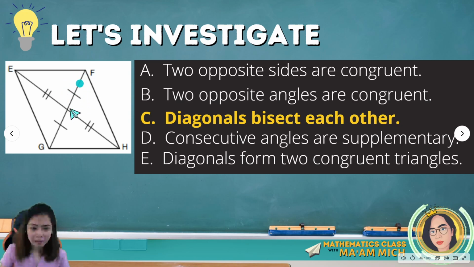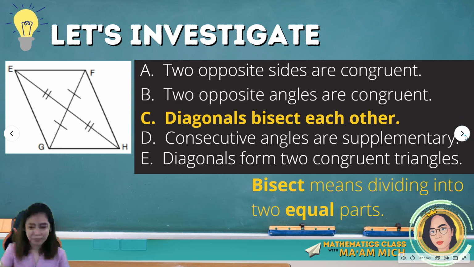This one, we have diagonals GF and we have EH. Okay? This segment is congruent to this segment. And this segment is also congruent to this segment. Okay? When we say bisect, it means dividing it into two equal parts.